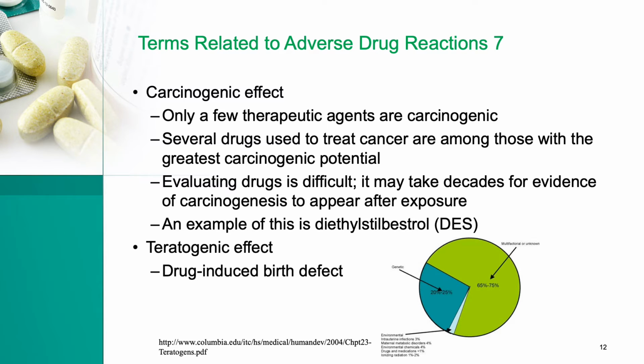In 1971, the Food and Drug Administration issued a drug bulletin advising physicians to stop prescribing DES to pregnant women because it was linked to a rare vaginal cancer in female offspring.